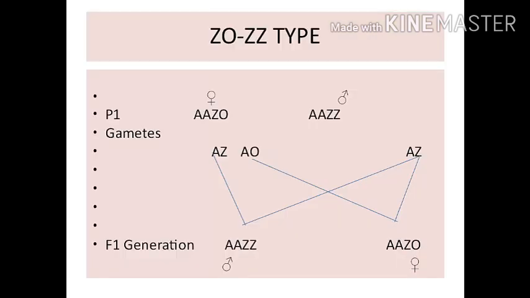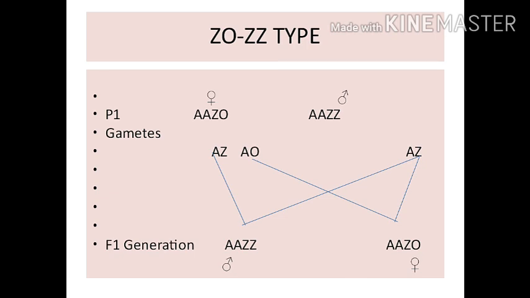Now you can see the cross between the ZO and ZZ type, where the parent female is found to be heterogametic carrying Z and O, that is one Z chromosome and another one without Z chromosome. The male is said to be ZZ, that is homogametic, producing one type of sperm carrying Z chromosome. When the fusion takes place, the Z chromosome in the female carrying egg fuses with the Z sperm.